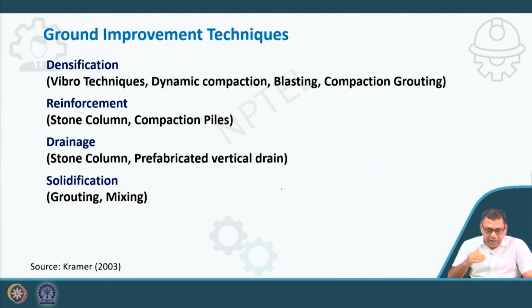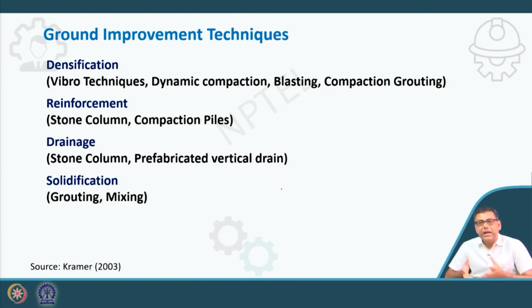There are four ways that can be done. First one is densification, second one is reinforcement, third one is drainage, and fourth one is solidification.